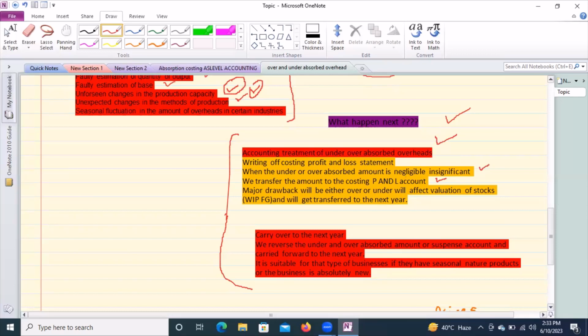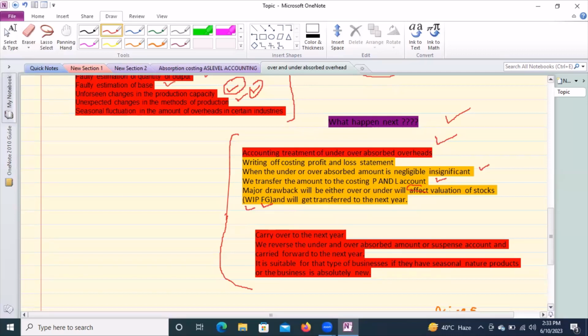If we transfer this amount to the profit and loss statement, what are the consequences? What is the disadvantage of this? The disadvantage is that this amount will affect the valuation of our stock, which may be work in progress or finished goods.